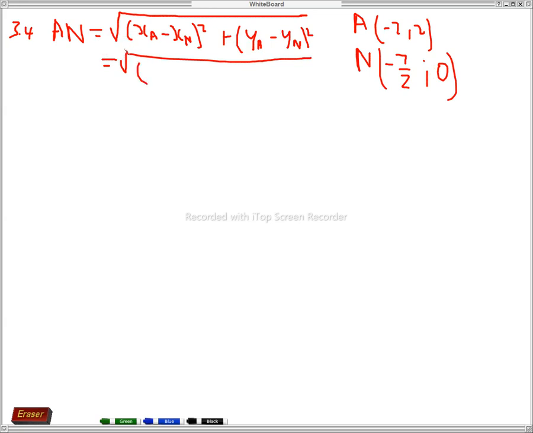The x of A is -2 minus x of N, -7/2, all squared, plus, moving forward, substitute the y: 2 minus 0, squared. Punch on your calculator now and get the answer. Let's finish up with this thing.